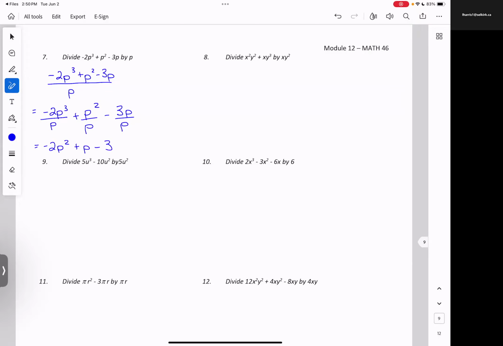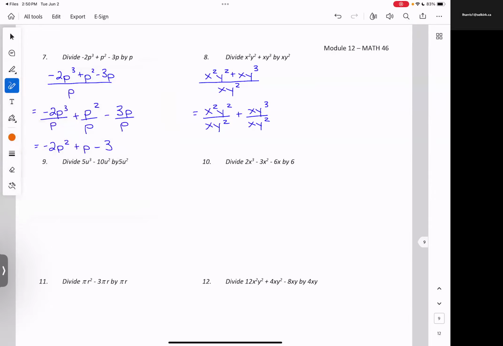Number 8, x squared y squared plus xy cubed, or xy to the power of 3. And we're dividing by xy squared. So step 1, let's split up that denominator. Okay, now we're going to do those divisions individually.